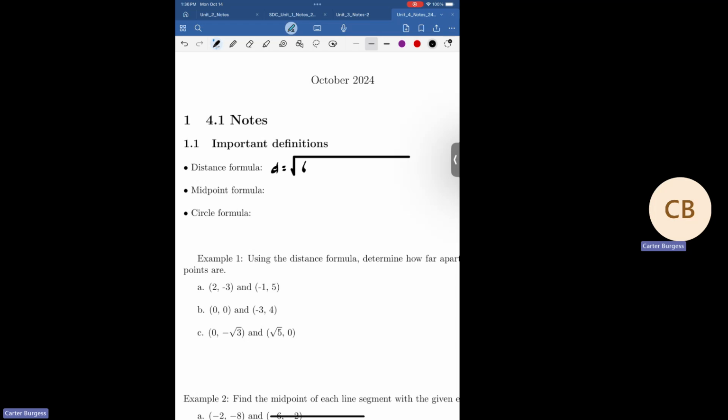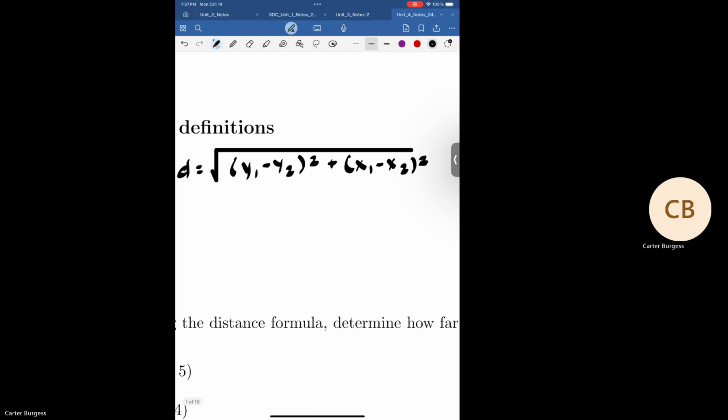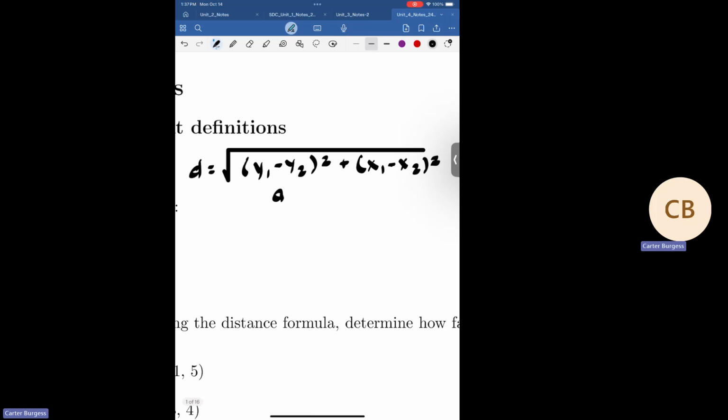In particular, it is the square root of our y displacement squared and our x displacement squared. Right, but really, this is just a squared, this is just b squared, and this is just c, right? I could do the exact same thing with the Pythagorean theorem, and you get the exact same result.